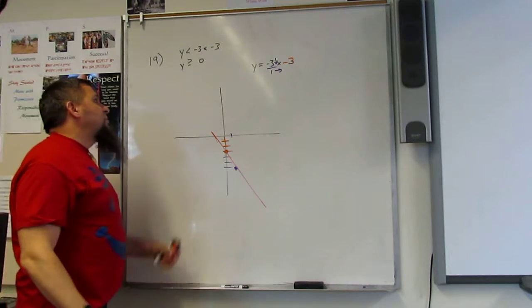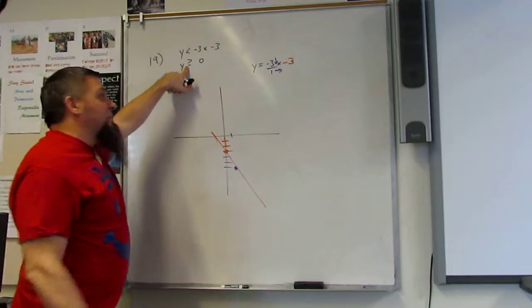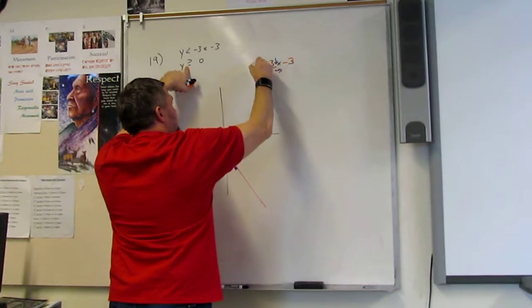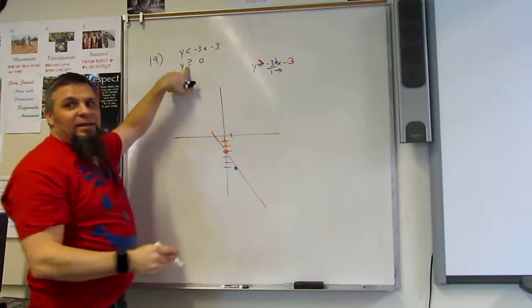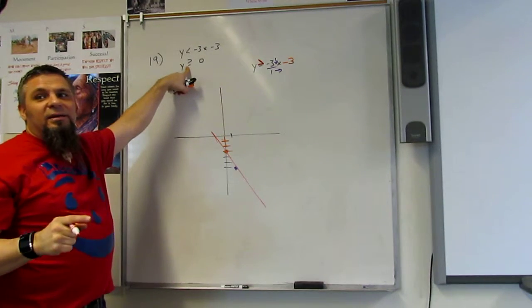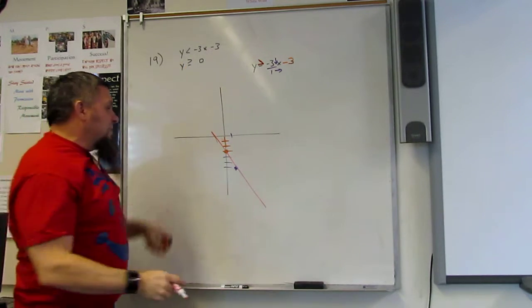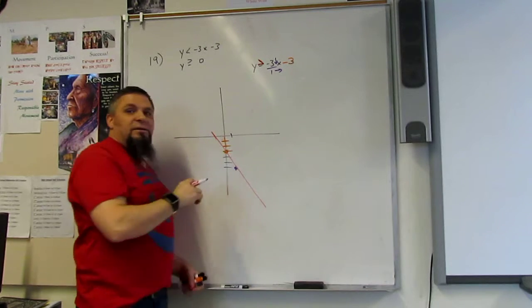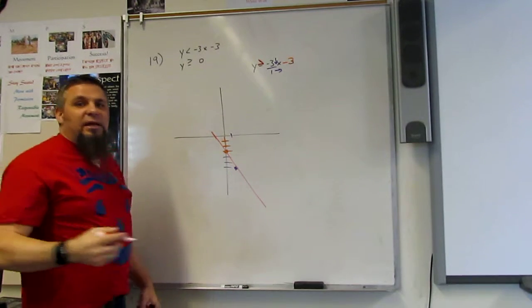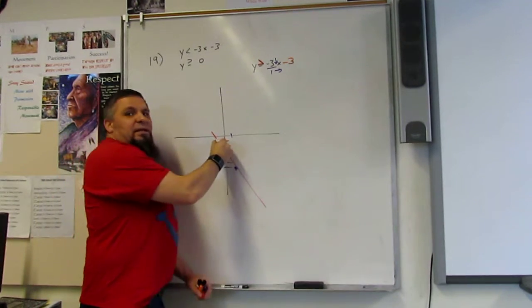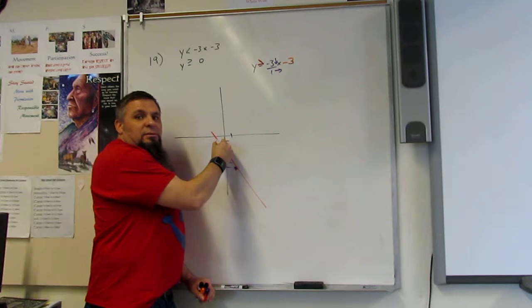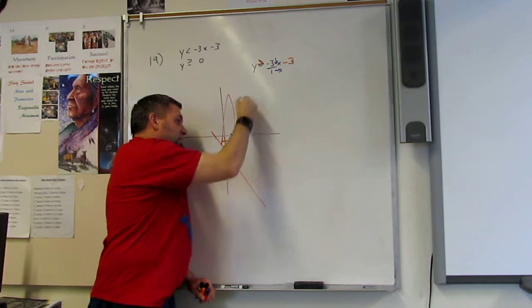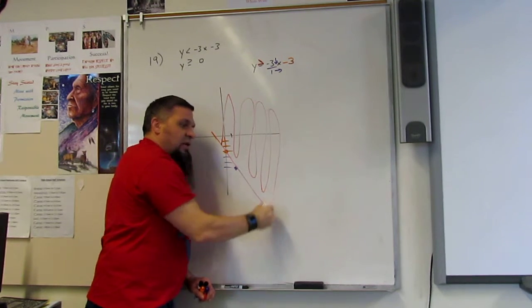Now, if I want to make it greater than or equal to, look at this. Because it's equal, it's a solid line. And then greater than, well, what's greater than this line? Everything above it. And that's what I do. I just shade up.